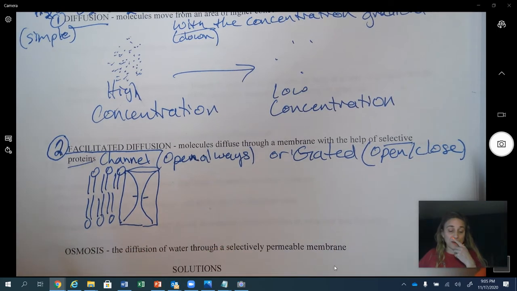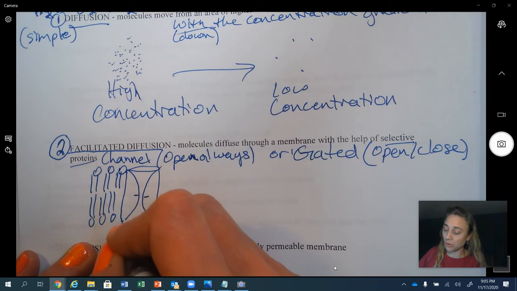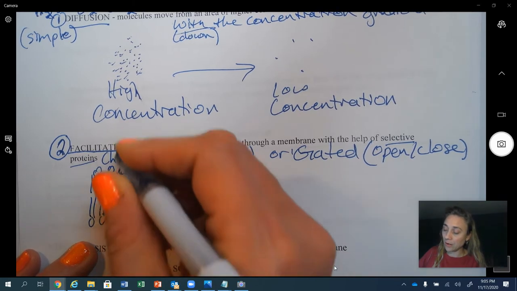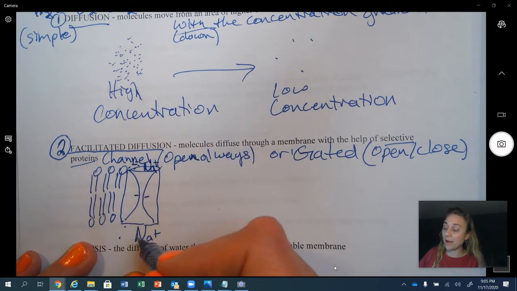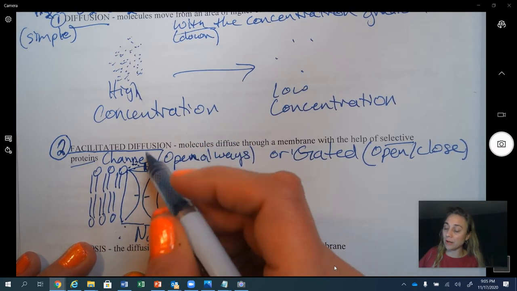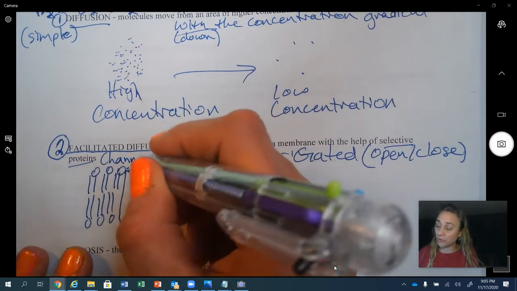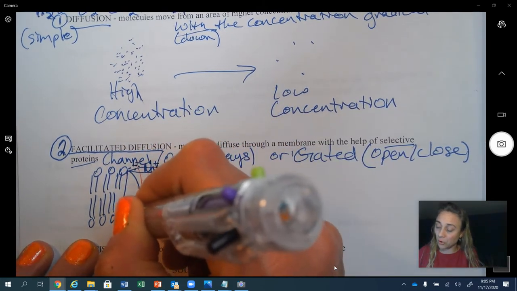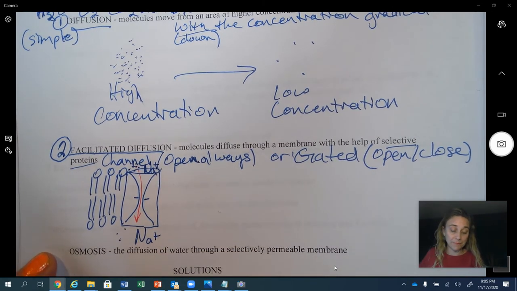So, for example, we could have sodium, maybe low concentration of sodium here in the cell, and high concentration out. Oh, I think it's usually the opposite situation. That's okay. Normally, the concentration gradient is going to say it's going to travel from an area of high concentration to low concentration. So it travels with or down the concentration gradient.